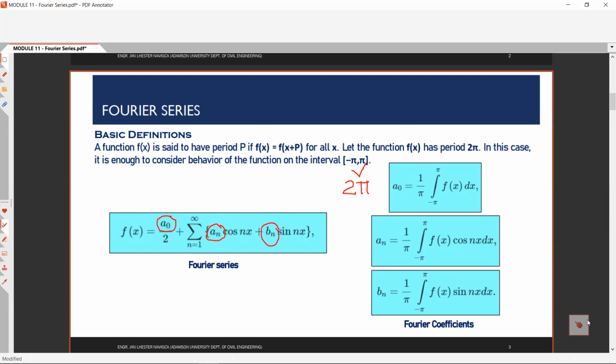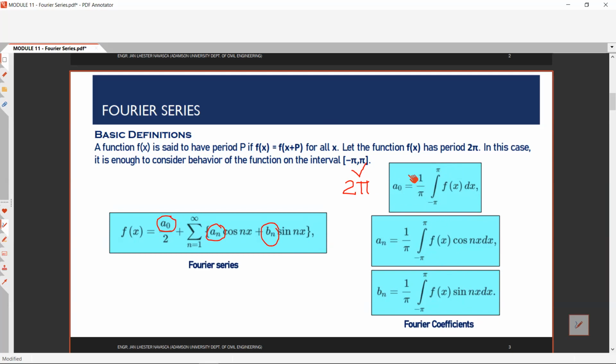In order to solve for these three constant terms, we have these formulas. These are called the Fourier coefficients.